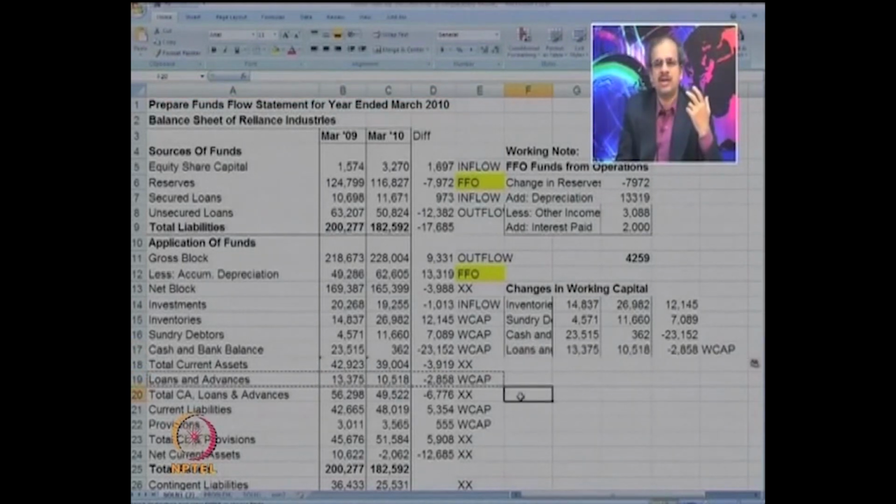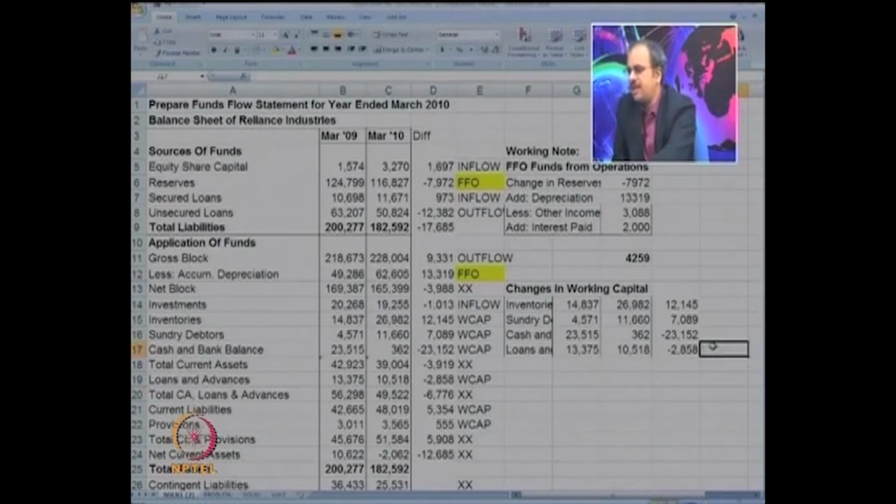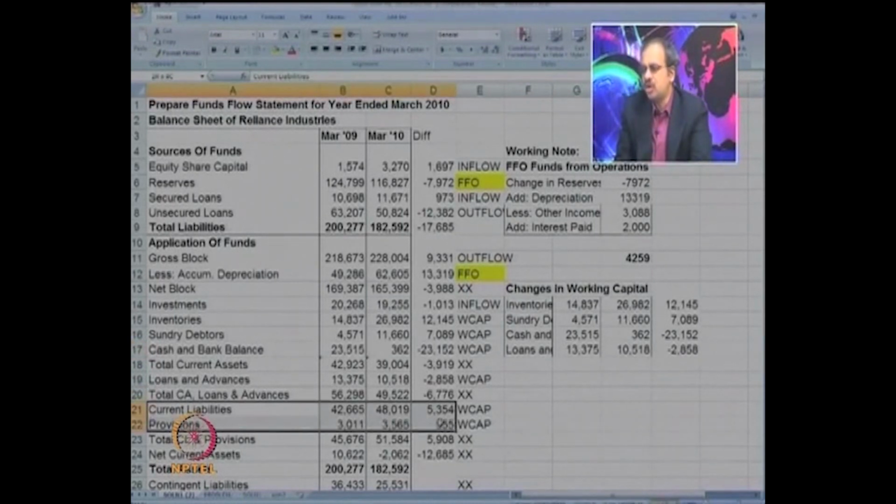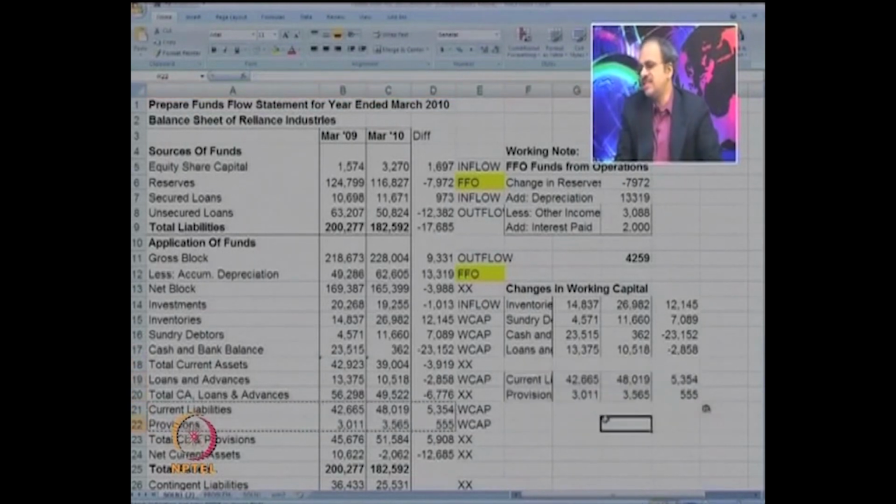Please do not confuse it with the loan received, that is a source. These loans and advances are working capital items, they represent short term advances given. So, it is a working capital item. Now, we have two items on liabilities also, current liabilities and provisions.